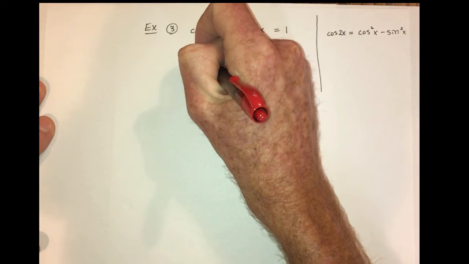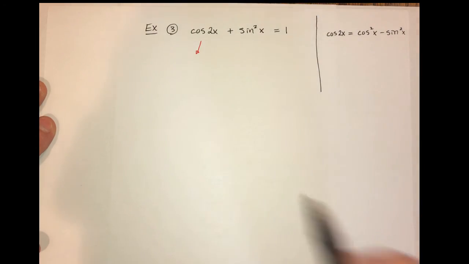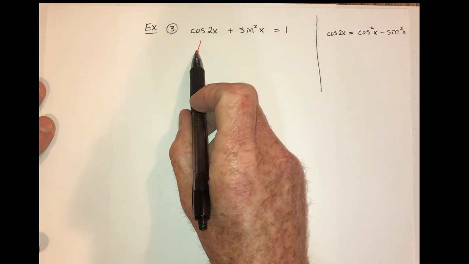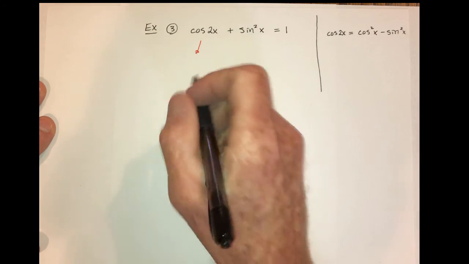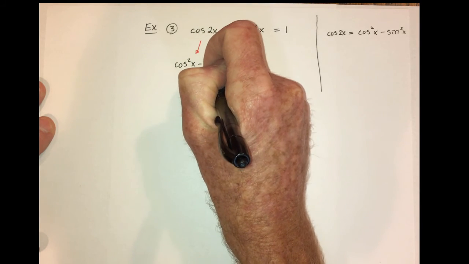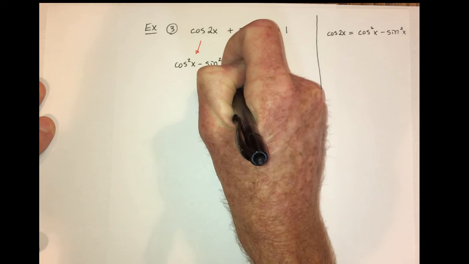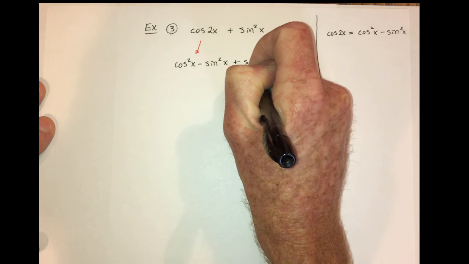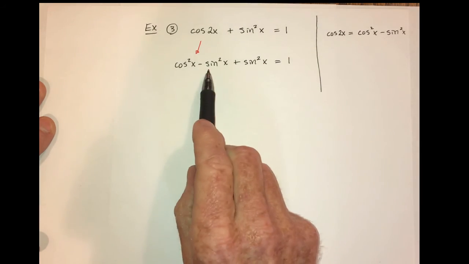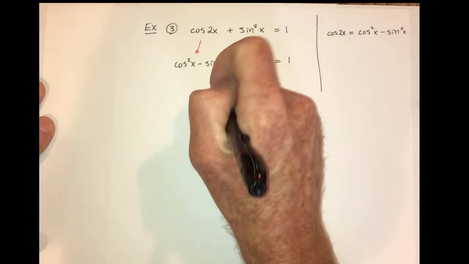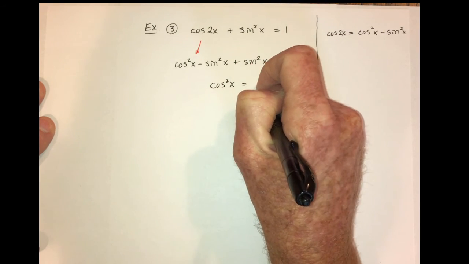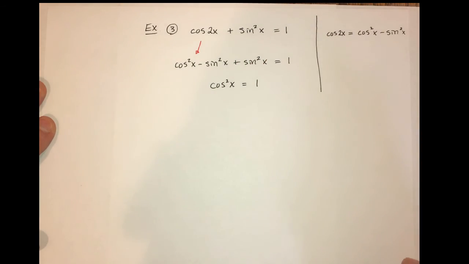So the red is the action. So take this action. Replace cosine of 2x with cosine squared minus sine squared. And then just copy down the rest of the problem. And then these 2 will cancel. So what it leaves is cosine squared equals 1.